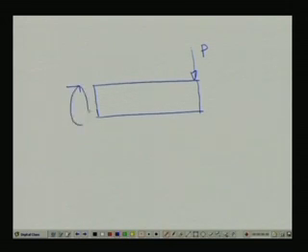It is a circular member, and this is a cut section we have considered.